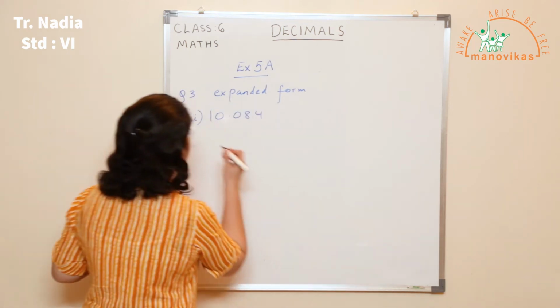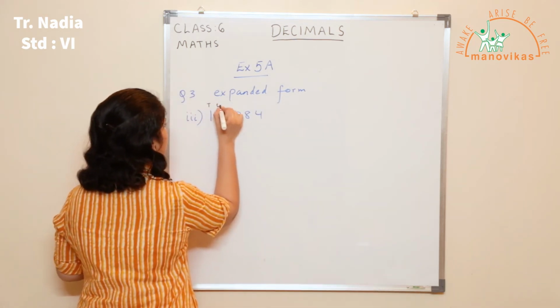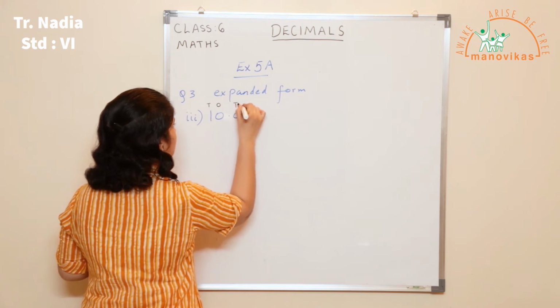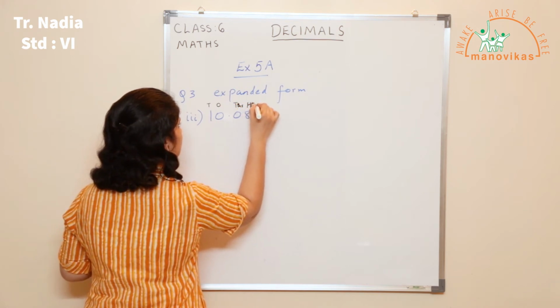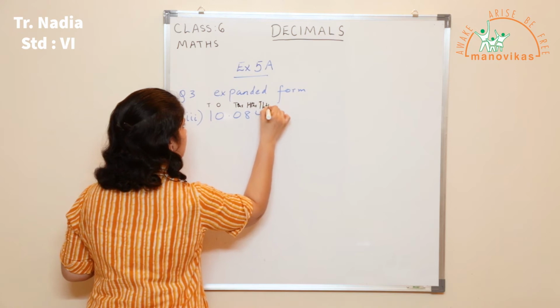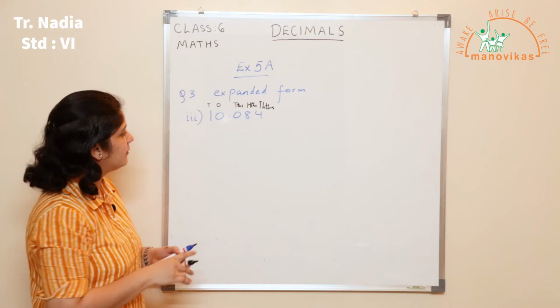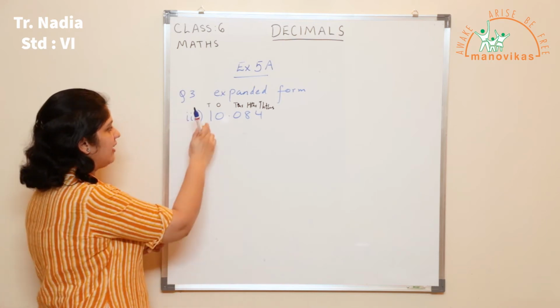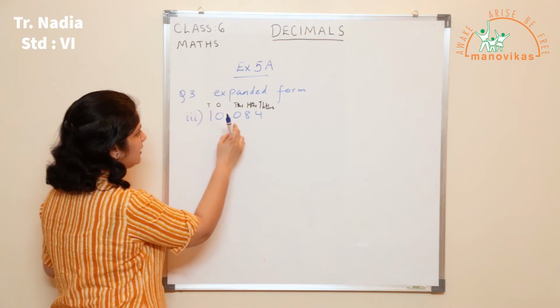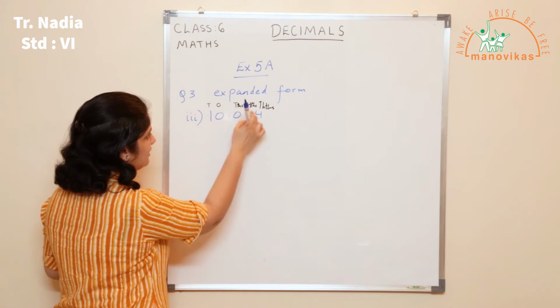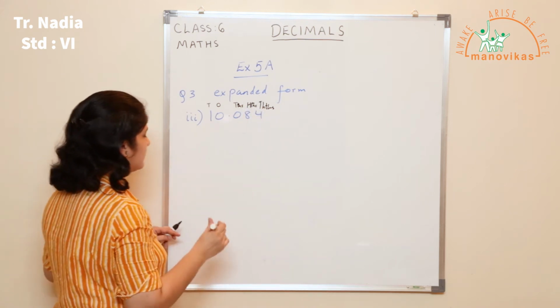Now I prefer to put this tens, ones, tenths, hundredths, thousandths. Okay, you all can just spread out the number so that it doesn't look bad. So these are the place values. I have 1 in the tens place, 0 in the ones place, 0 in the tenths, 8 in the hundredths, and 4 in the thousandths place.